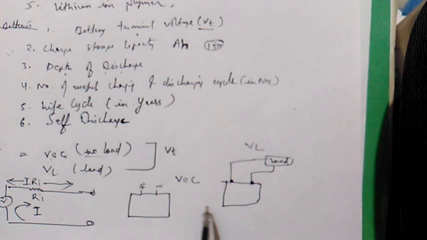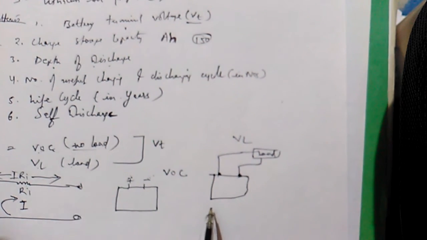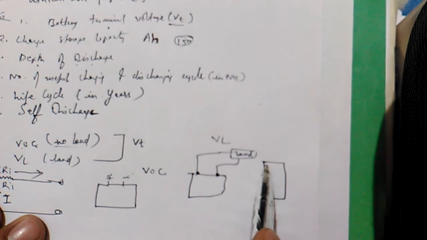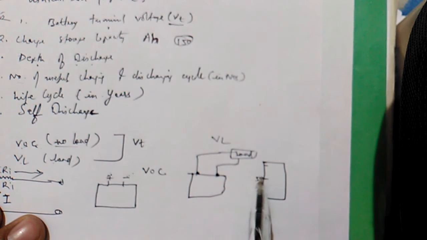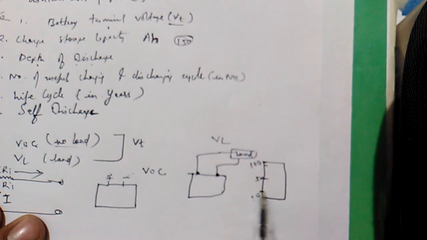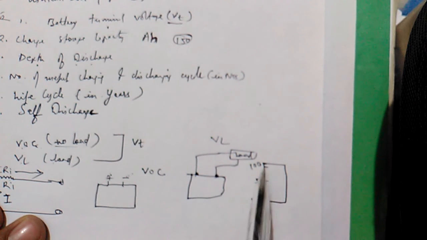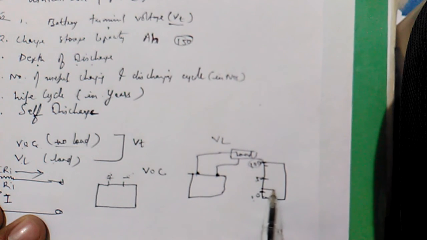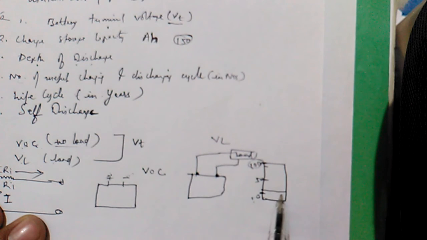And cutoff voltage. Suppose this is the scale, 50%, 100%, and here 10%. So how much can you discharge this battery? If this is the maximum capacity 100, you can discharge up to 90 here, and this one is 10 only.